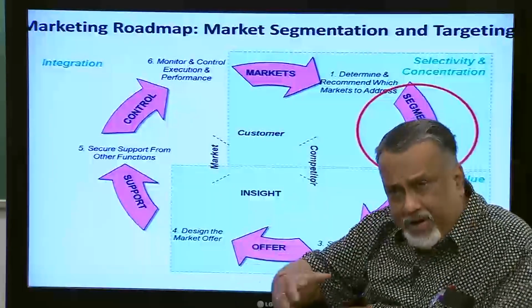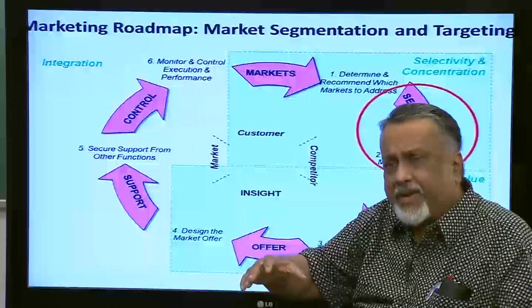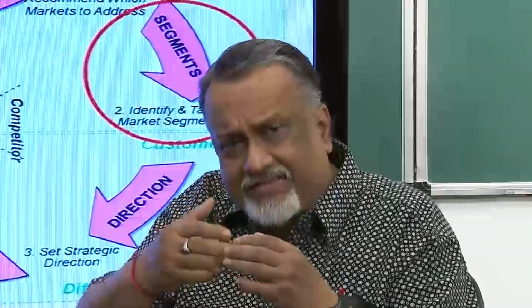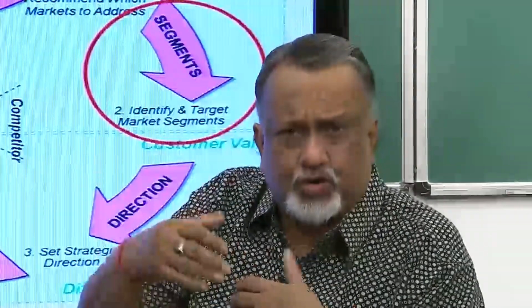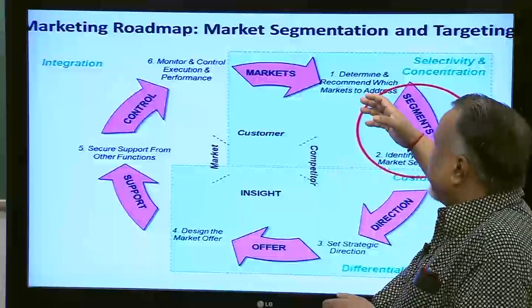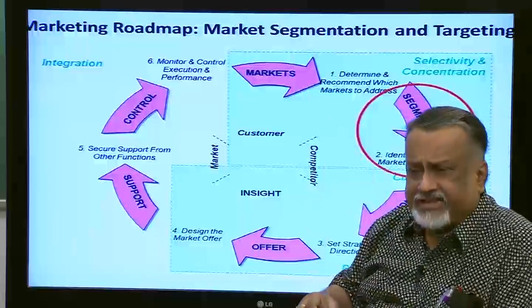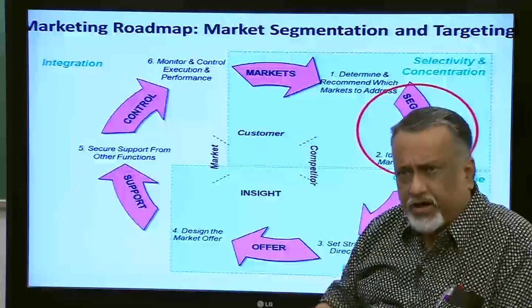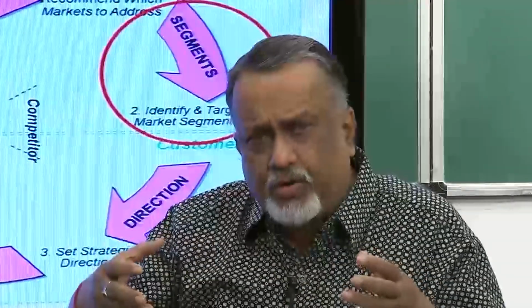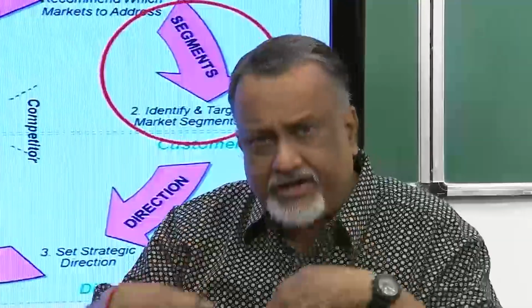And at step 1, maybe we will address several segments over a span of time, maybe we will address several types of requirements over a span of time, but initially we have to start somewhere. So this selectivity and concentration becomes very important, because you can't do everything for everybody at a time when you are starting.